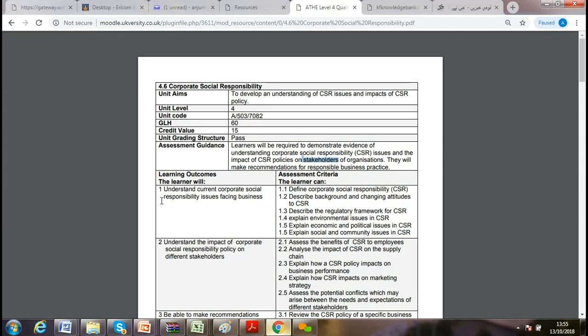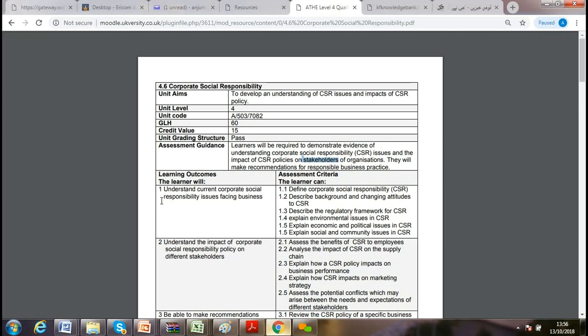Under this unit, we'll go through understanding the current corporate social responsibility issues facing businesses. We'll go through the different issues faced by businesses. These days there is a lot of discussion around corporate social responsibility.